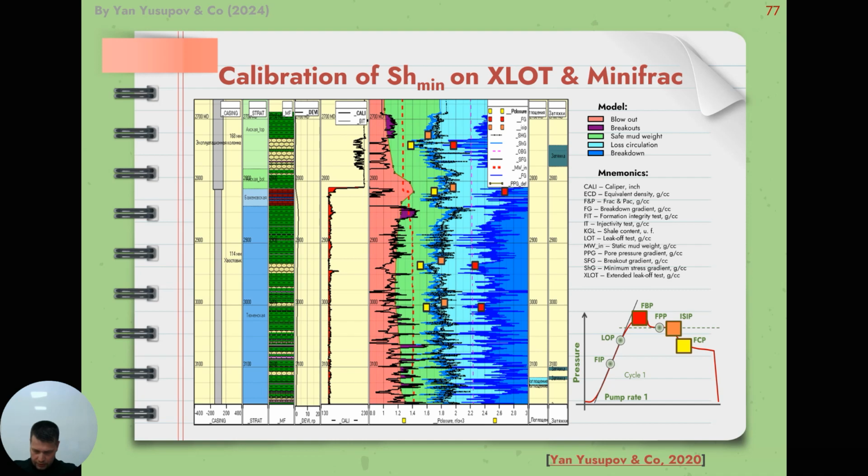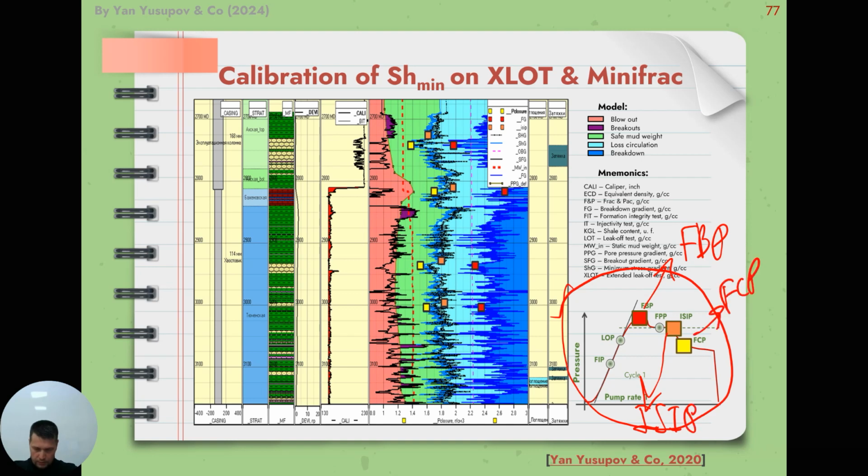Please note this chart. This is a typical XLOT that we discussed before. The red point is the fracture breakdown pressure, FBP. This is ISIP and fracture closure pressure. In this case, the fracture closure pressure is calibrated on the SHmin profile.